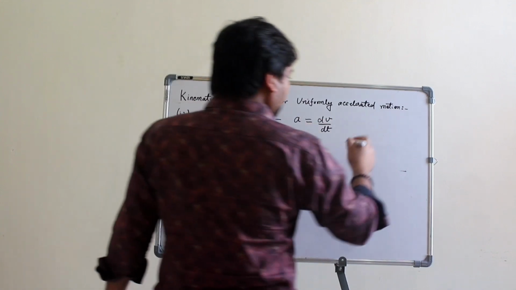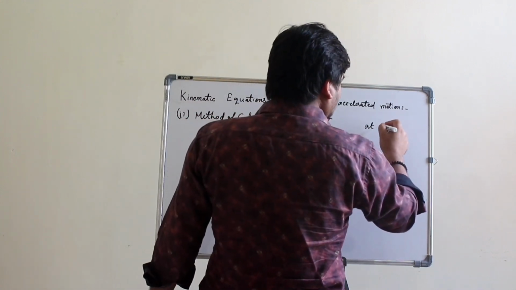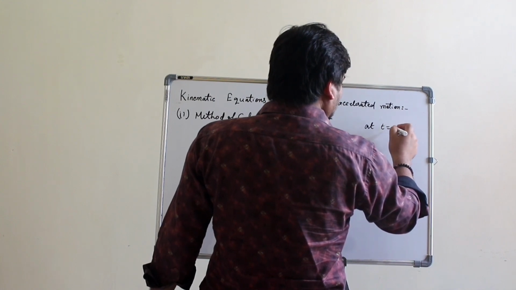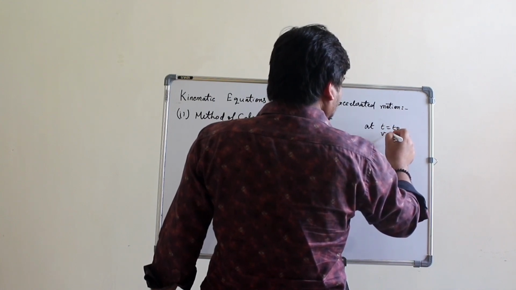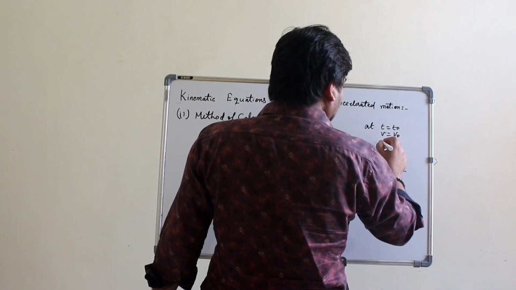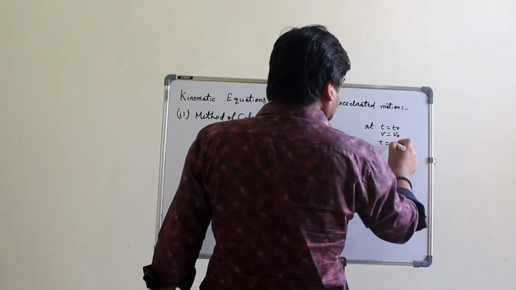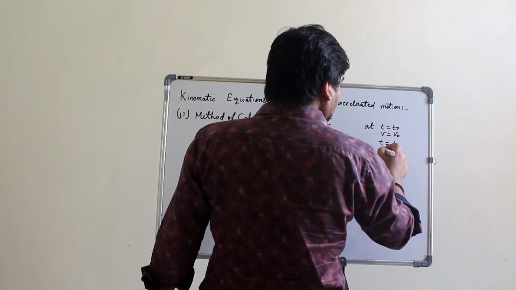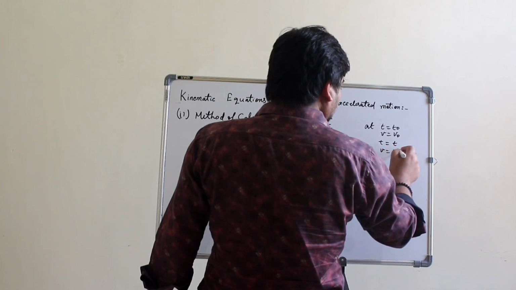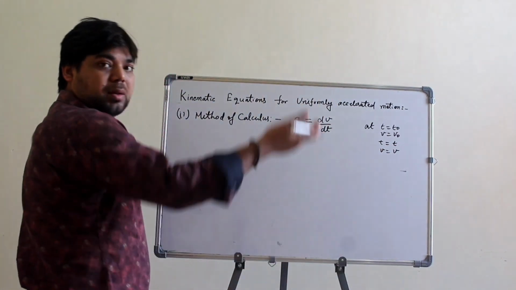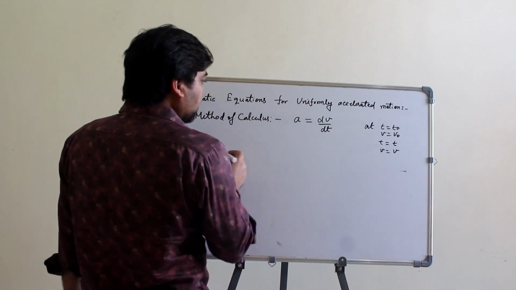Let us assume that at t equals t0, v equals v0, and at t equals some t, v equals some v. This is the general case.